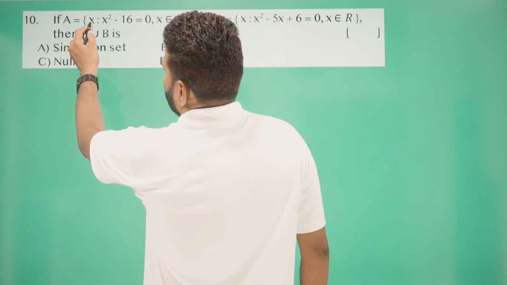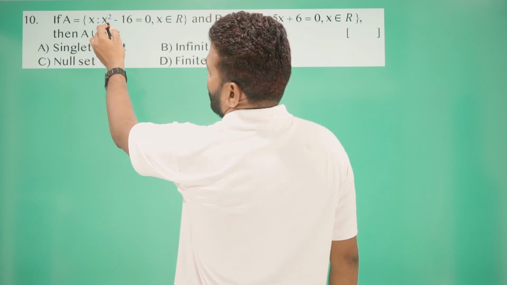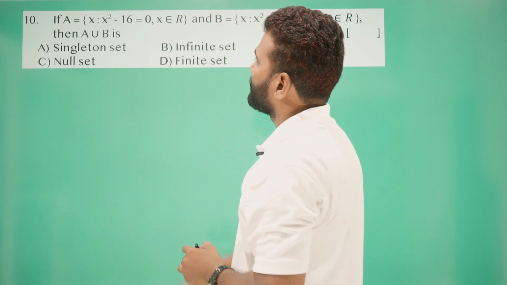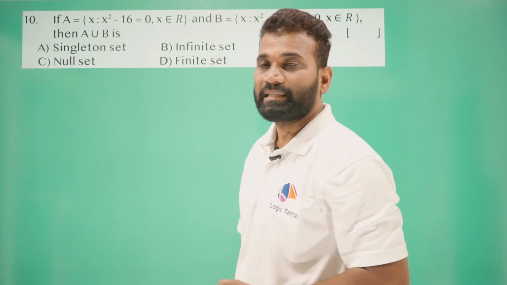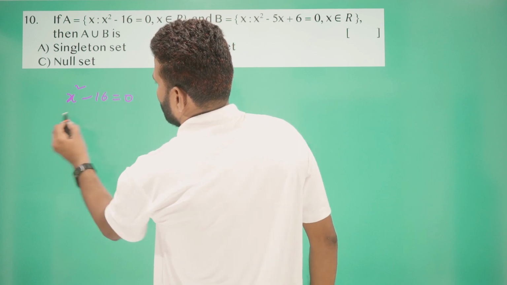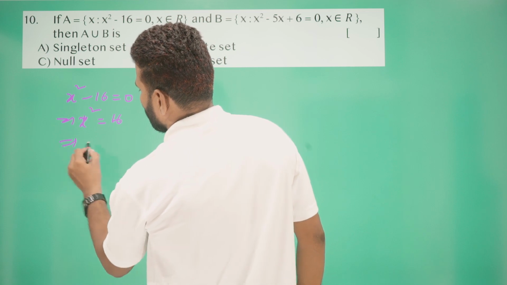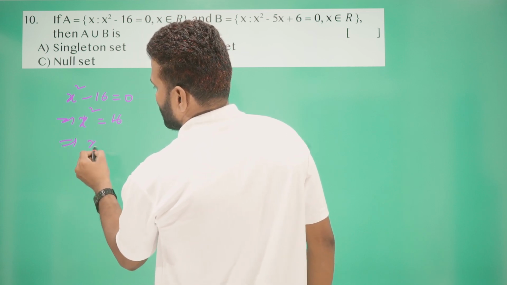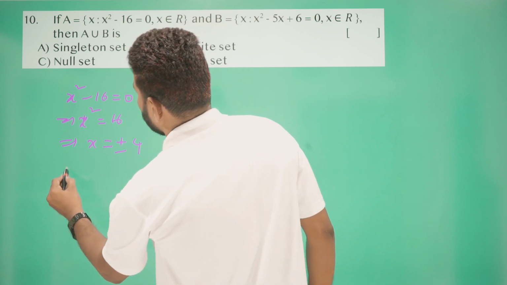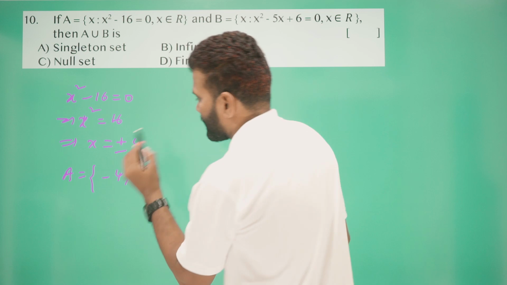Here A is a set, that is x square minus 16 equals 0. So for what values of x is x square minus 16 zero? x square is equal to 16. Applying square root on both sides, x is equal to plus or minus 4, which means the set A is equal to {minus 4, plus 4}.